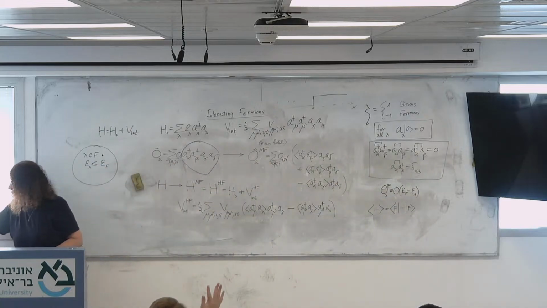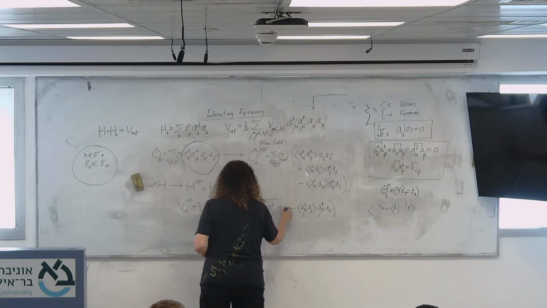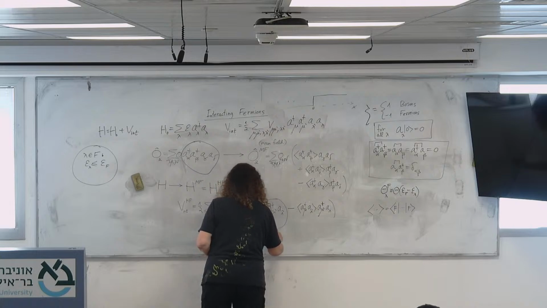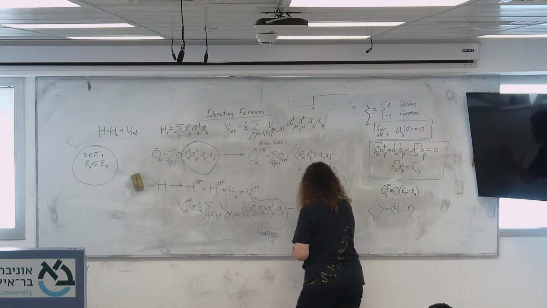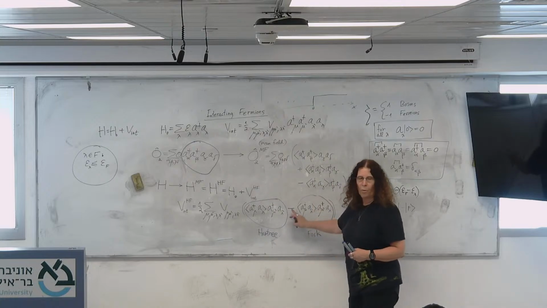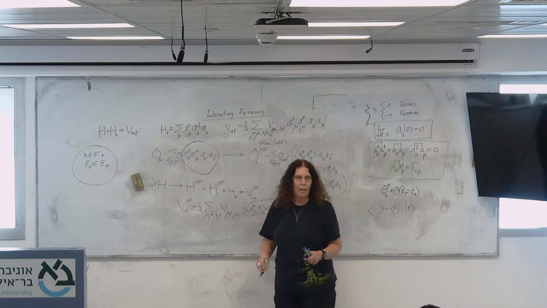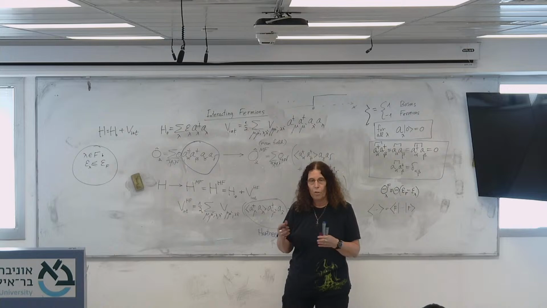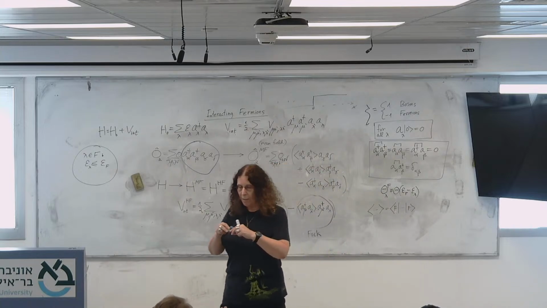Okay, this term is called, once again, R3, and this is the Fock term. And the Fock term is usually more interesting. Why? Because it comes with a minus sign. So if you have, for example, a repulsive interaction, it sort of gives you an effective attraction, in a sense. All right? Yeah?